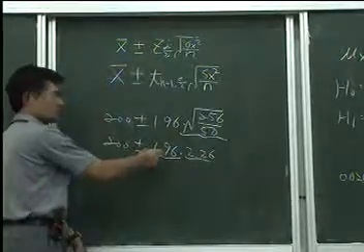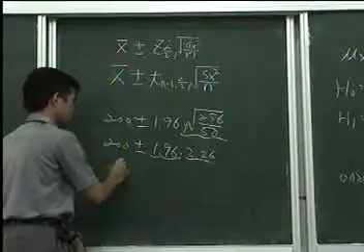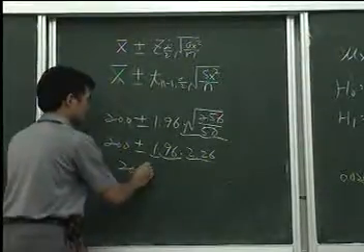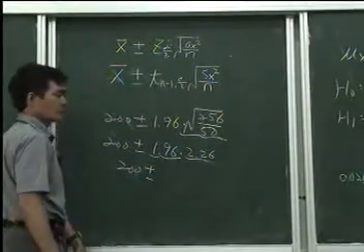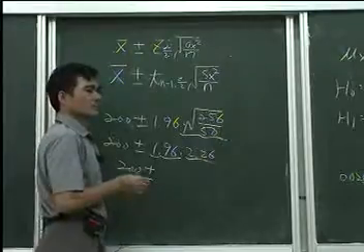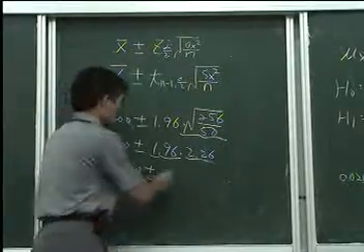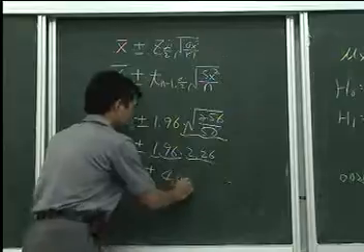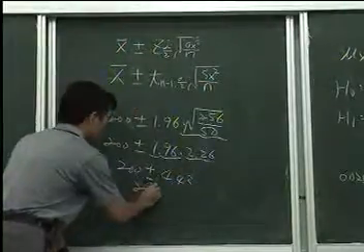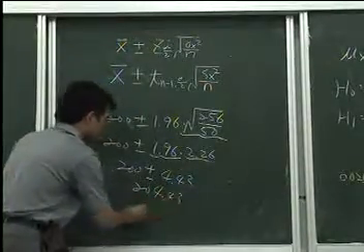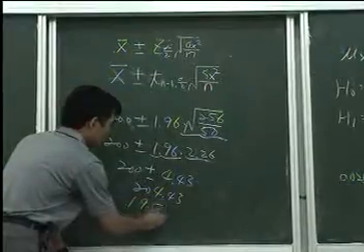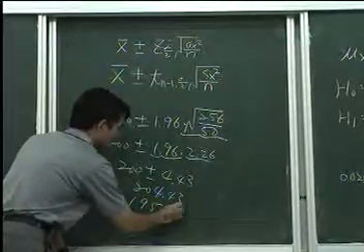When they multiply to each other, what's that? .43, okay? So you get 204.43 and 195.57.